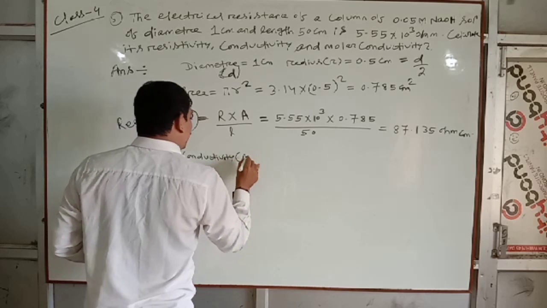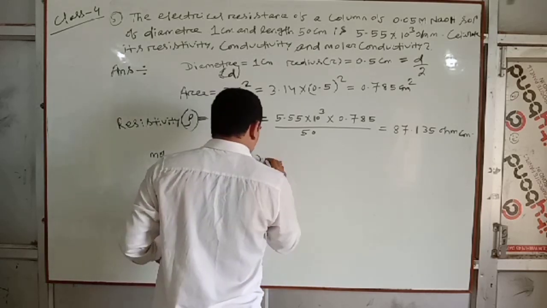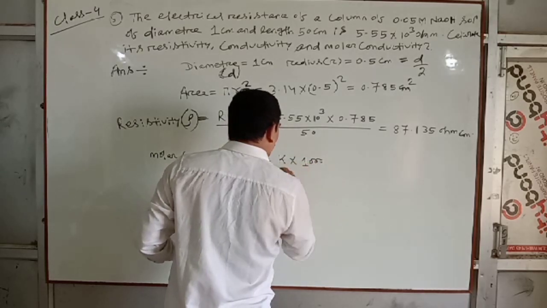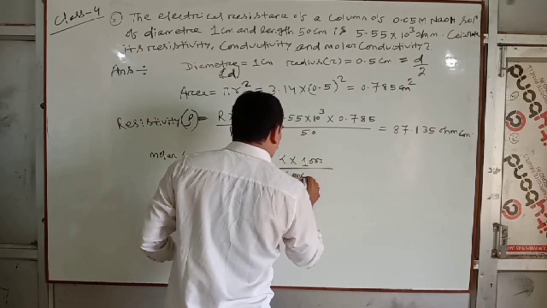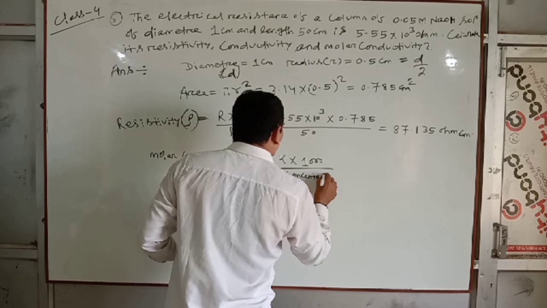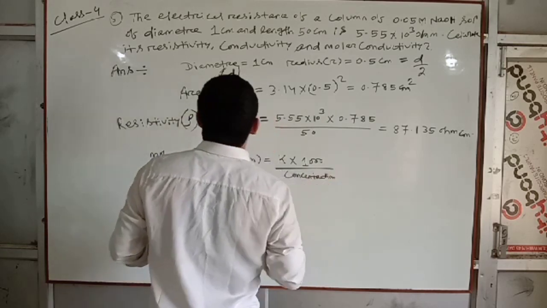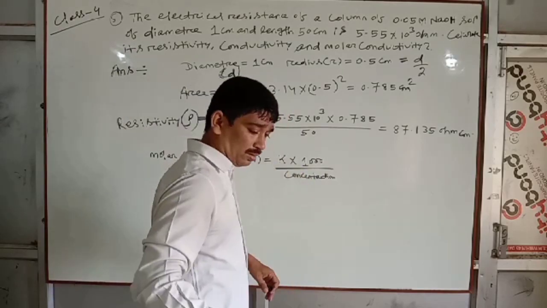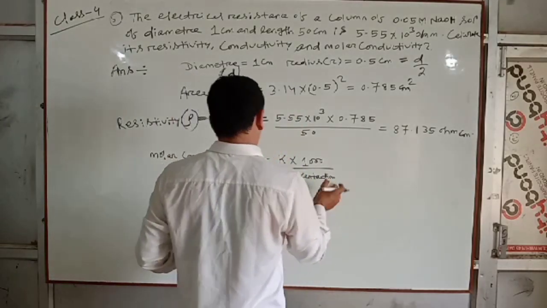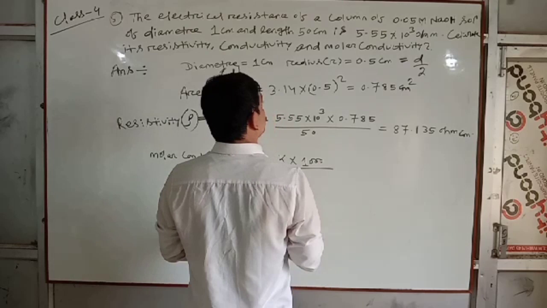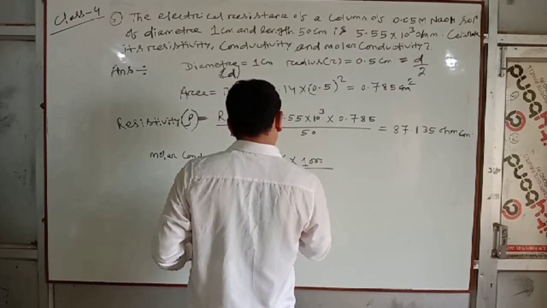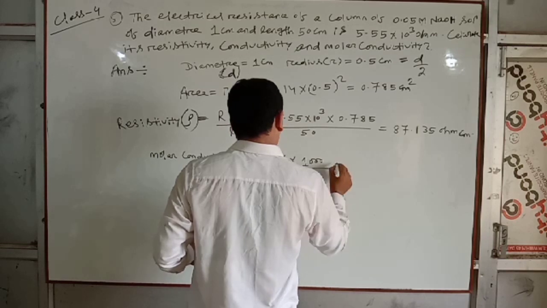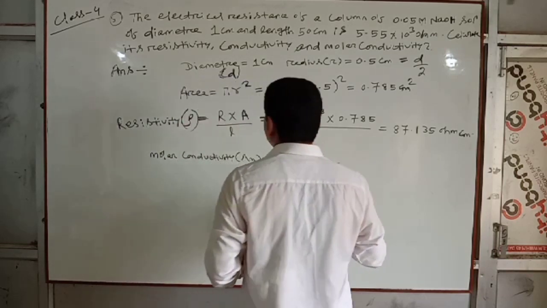Next is molar conductivity. Molar conductivity is kappa into 1000 by concentration, or molarity. Kappa is how much?